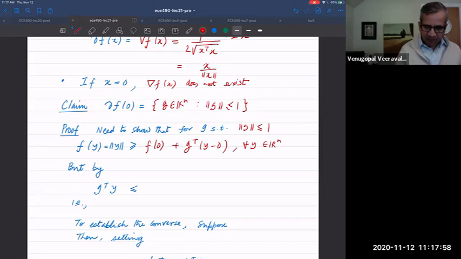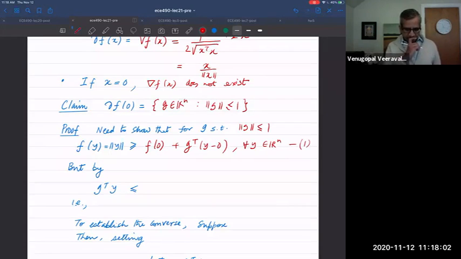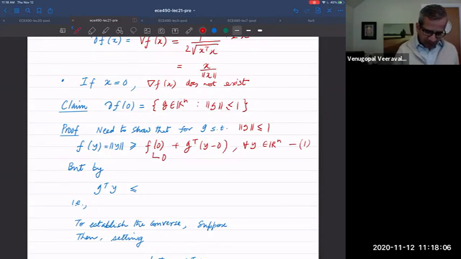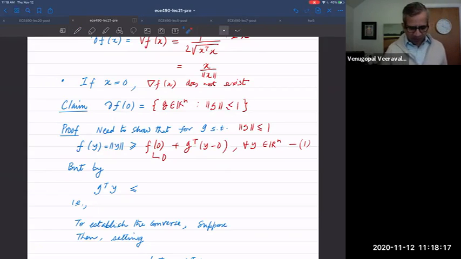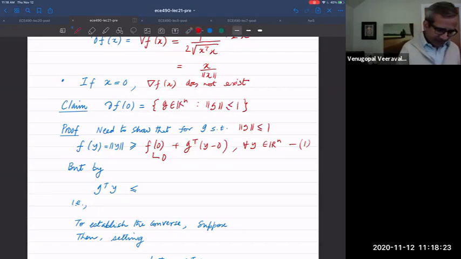You need to show this for all y. So let's call this equation 1. But f(0) is 0. So all you have to verify is that g transpose y is less than the norm of y. So what do you think you can use to show this? You have an inner product, and you're trying to show this bound. It's Cauchy-Schwarz. Cauchy-Schwarz, very good.